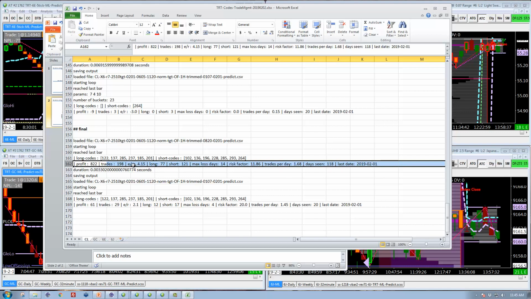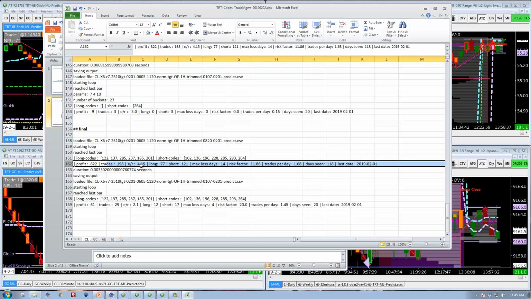That's very good. We want a risk factor of less than 20, so this is way less than that. The way to think about efficiency ratio is, how many ticks did I make per trade.